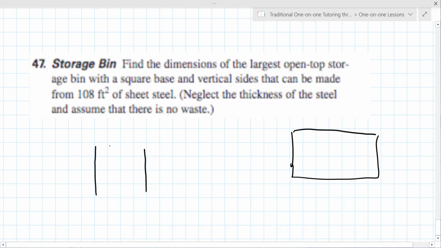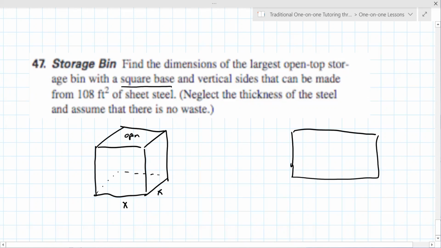But it's got an open top. The base is x by x because it's a square base, and then the height we'll call the height y.